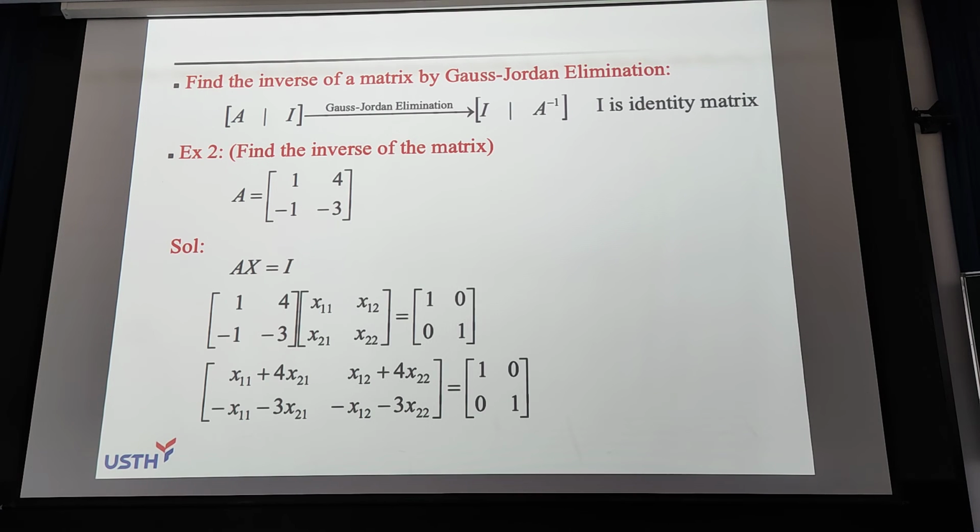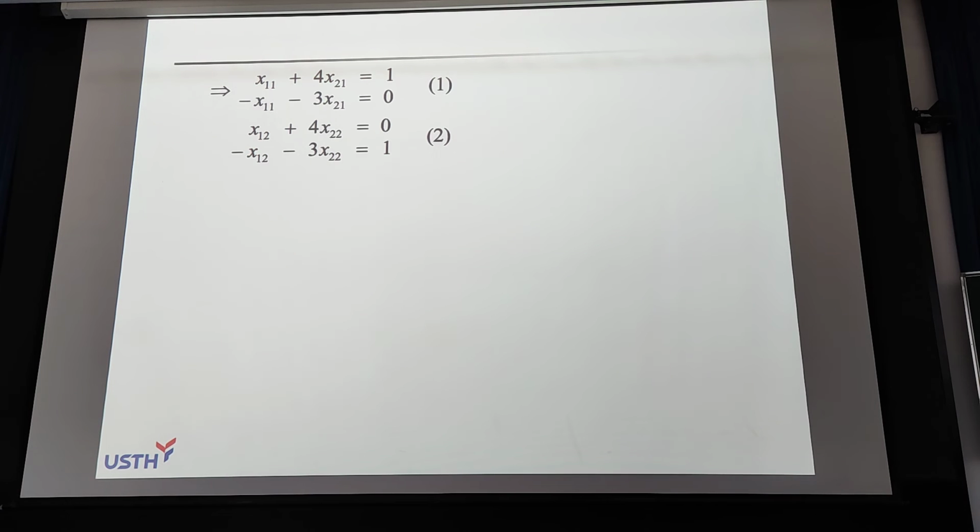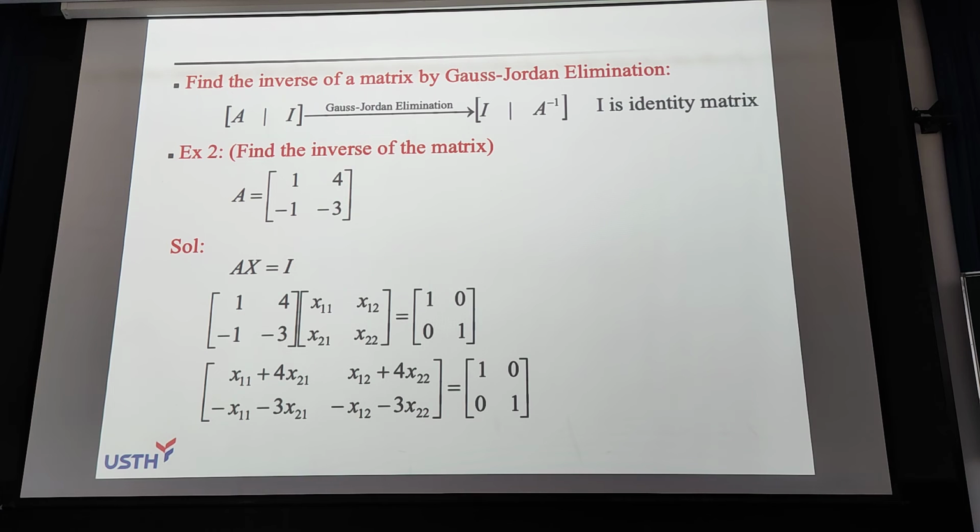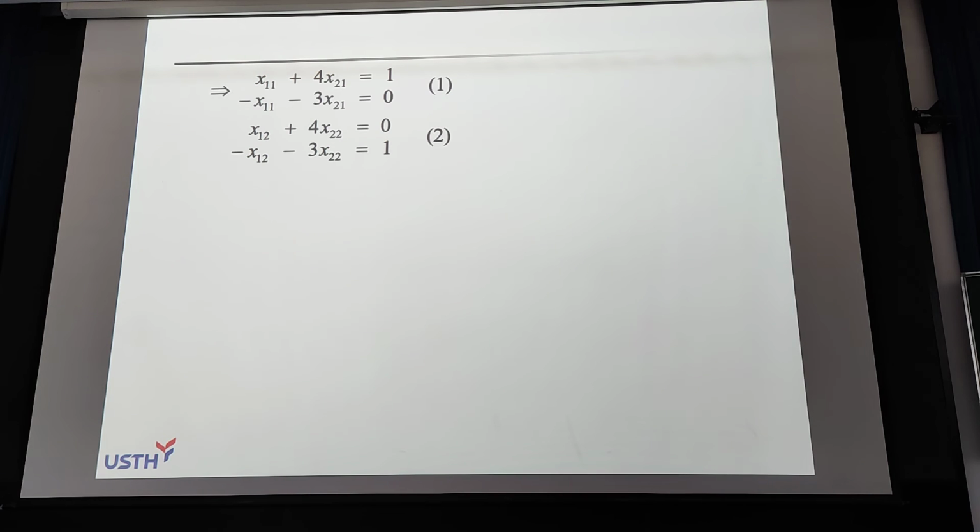So from here you get two systems of linear equations. The first one is here. The first one means you have that equals that and that. And if you pay attention to the coefficients, you see the two systems have the same coefficient matrix.